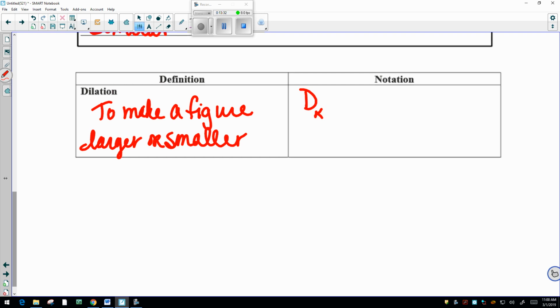That's that scale factor. And it'll be, let's say, for instance, on a coordinate plane, you're going to maybe get this coordinate. So what happens here? So all that's saying is you would take that coordinate, multiply it by the scale factor for the x, do the same thing for the y. Take the coordinate, multiply it by the scale factor, and now you'd have your new location.